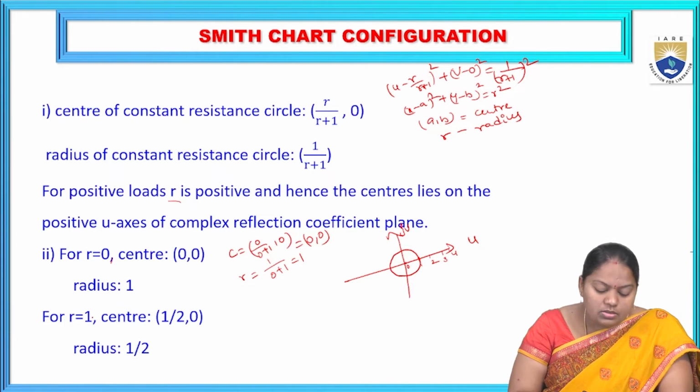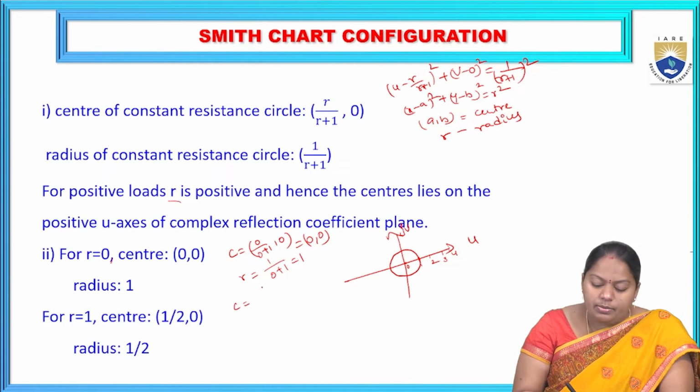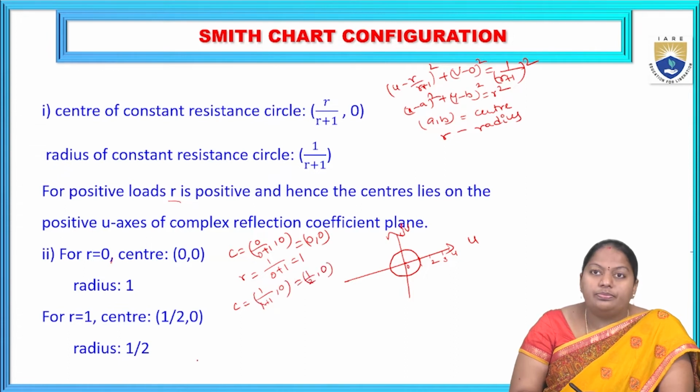Next, for r equal to 1, keep on increasing the values of r from 0 to 1. For r equal to 0, center is at (0, 0), radius equal to 1. Now for r equal to 1, center is given by 1 by 1 plus 1 comma 0, which is equal to (1/2, 0). And radius is 1 by 1 plus 1, which is equal to 1/2.